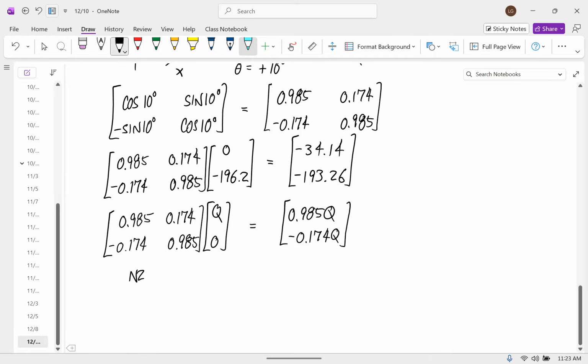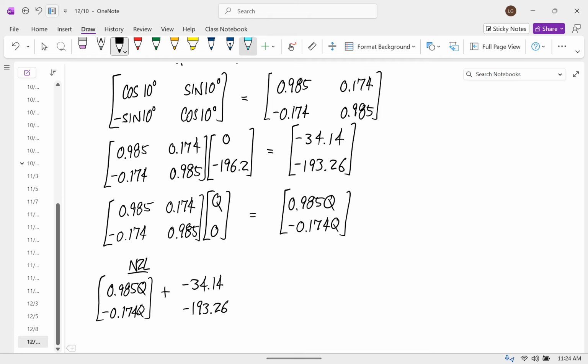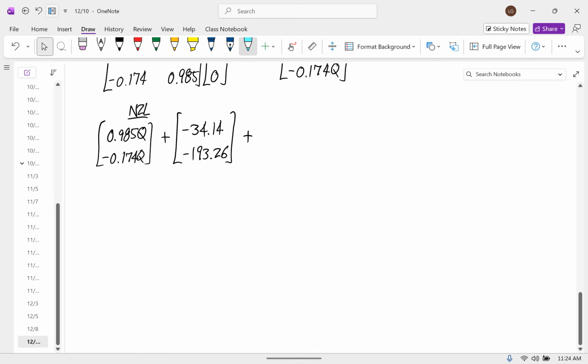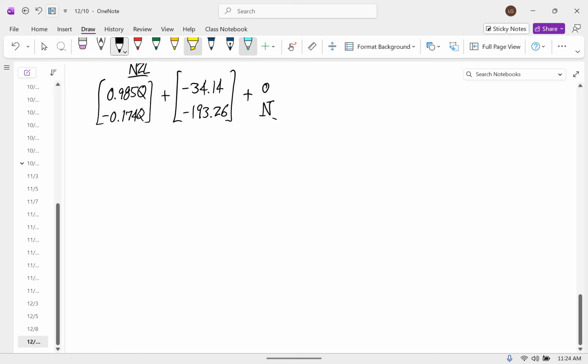So Newton's second law says 0.985 Q, negative 0.174 Q, plus negative 34.14, negative 193.26, plus 0 n, plus negative 0.1 n, 0.